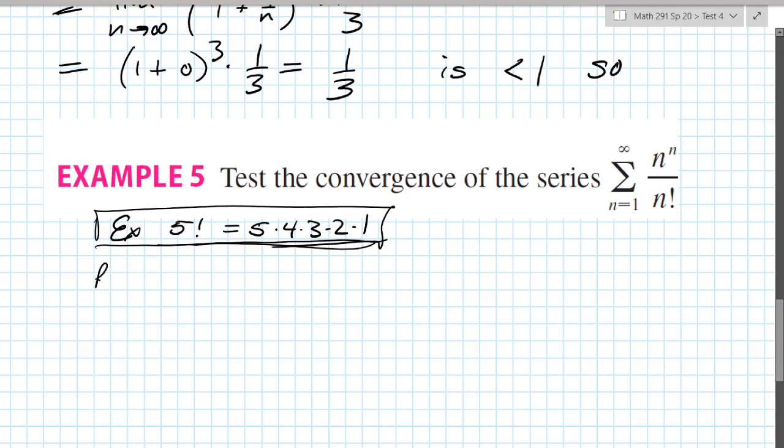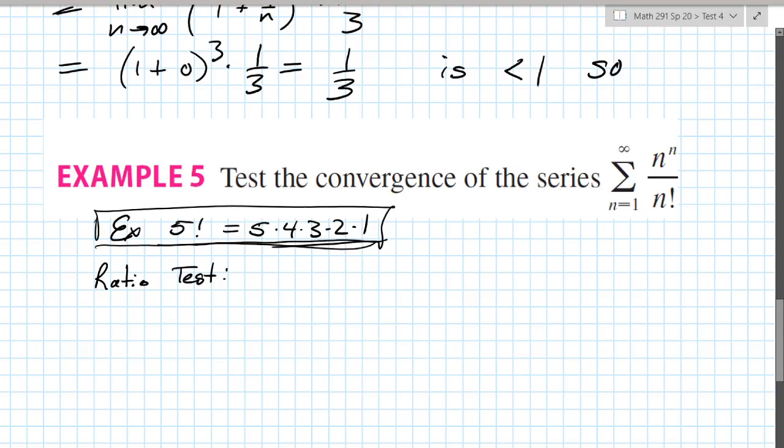Doing the ratio test, well, before I do the ratio test, I want to point out that n is a positive number. The denominator will be positive, and the numerator will also be positive since we're raising a positive number to a positive number. So it doesn't matter.